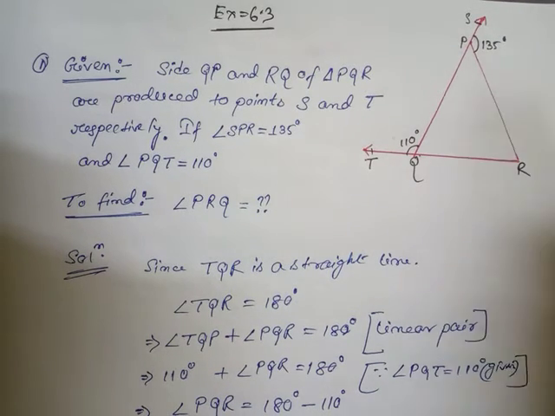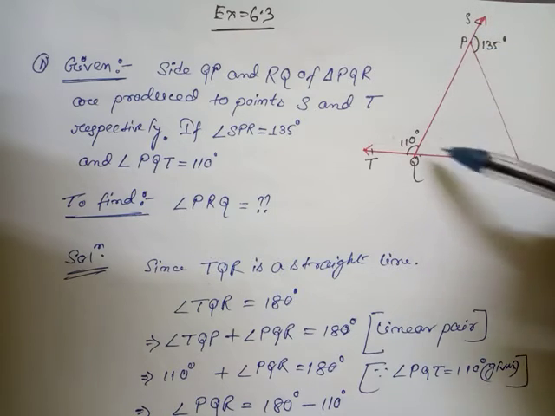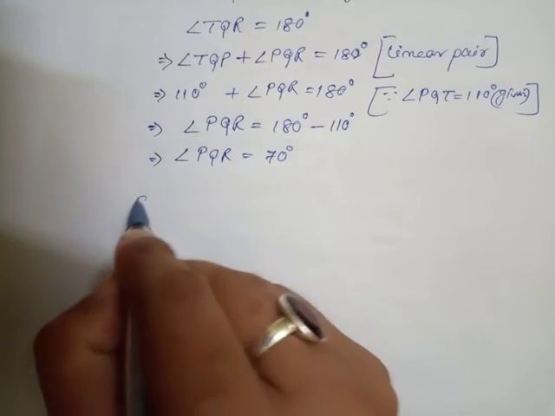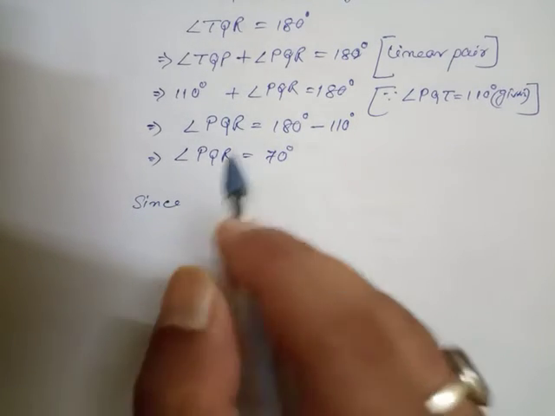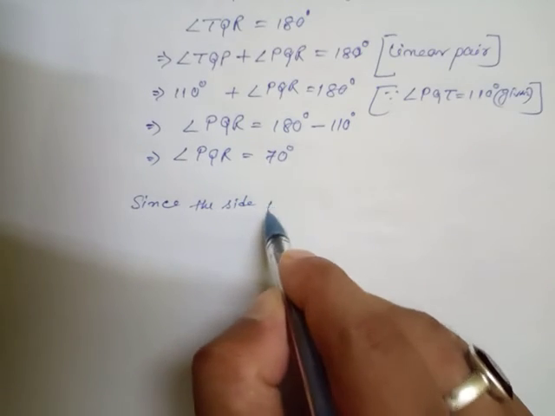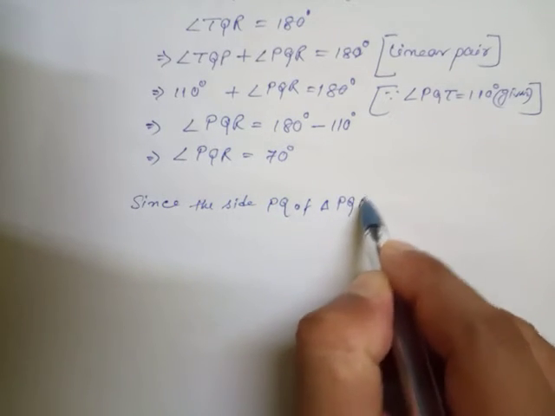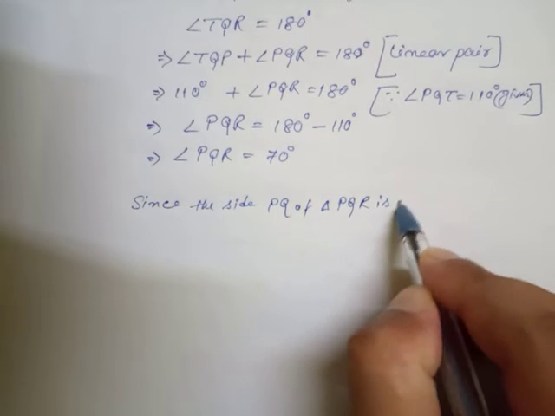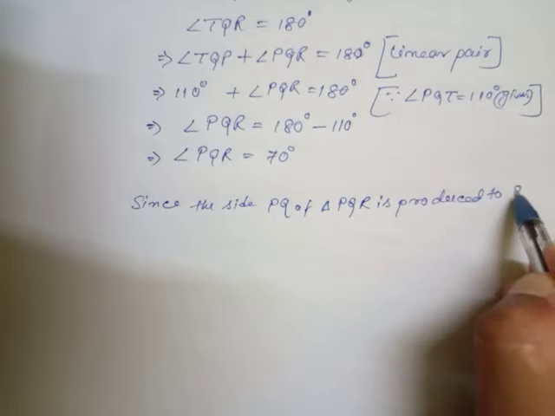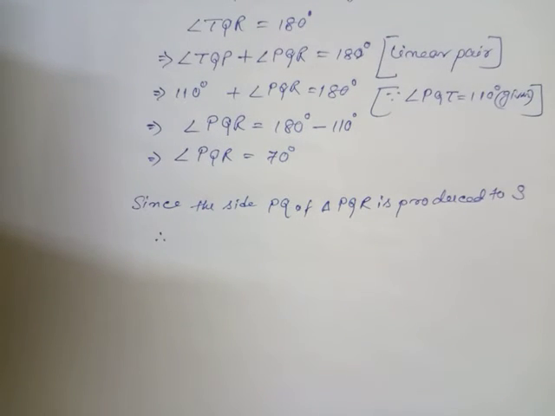So first of all, students, we'll write down PQ extended to S of triangle PQR. Look student, I am writing now that since the side PQ of triangle PQR is produced to S, therefore, look here now student, into the diagram again.